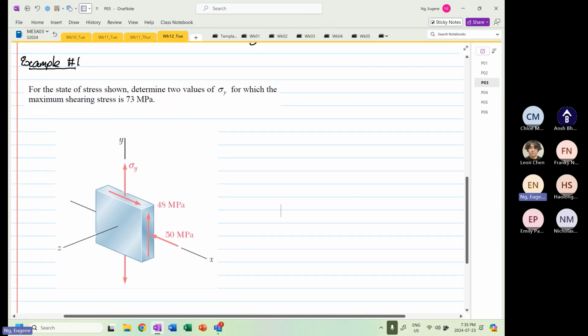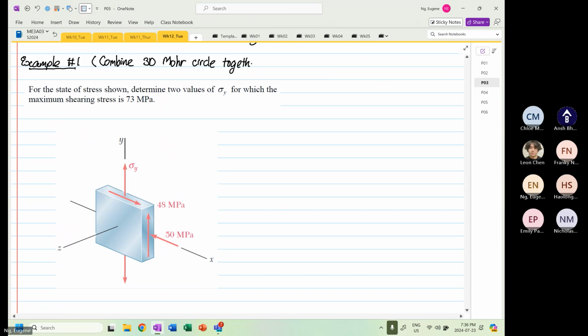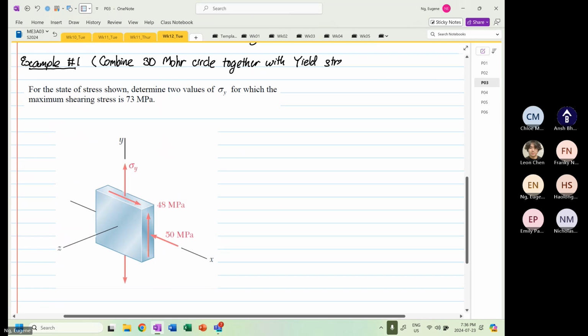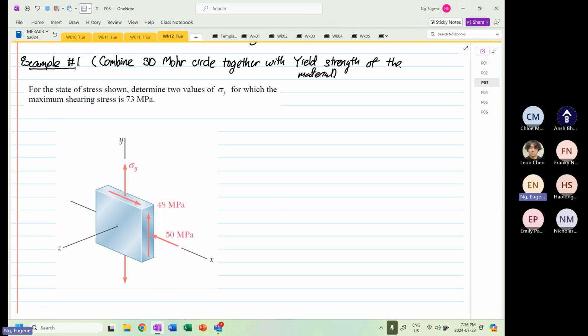So this example, why it's so unique, is we're going to combine 3D Mohr's circle together with the strength of the material. So that is what is so unique.